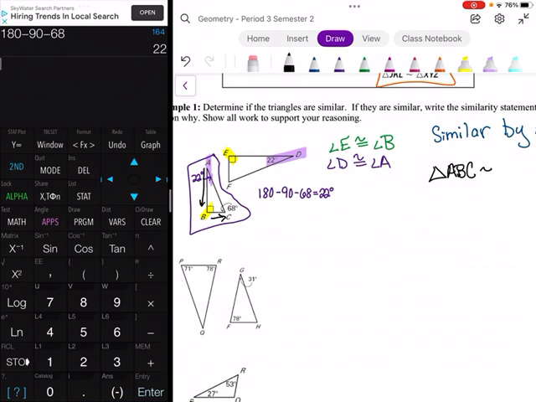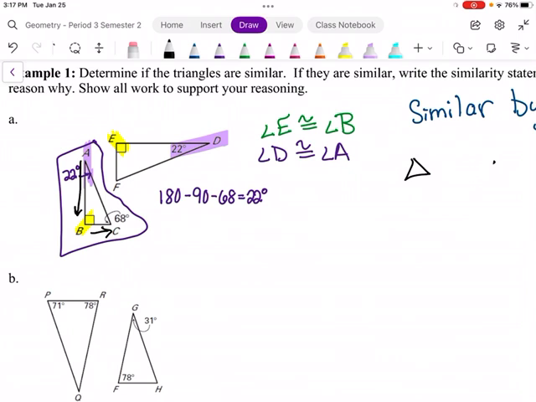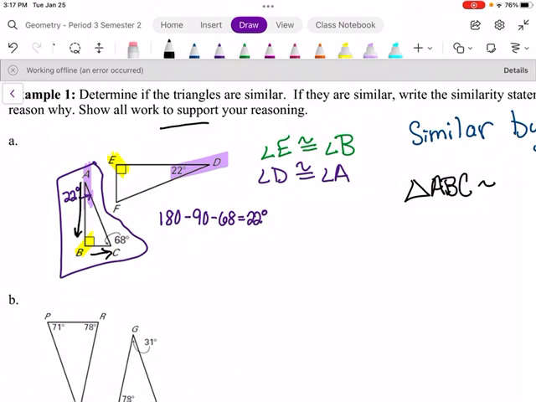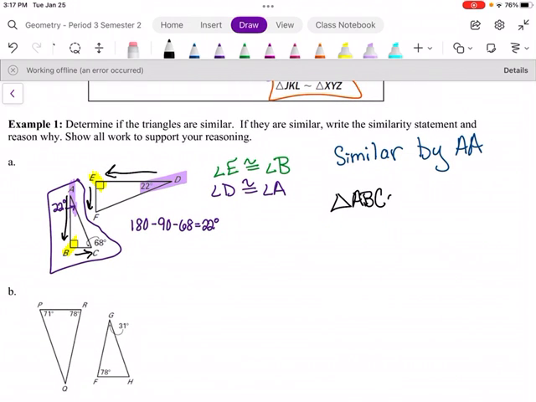So for this one, that is going to be from our purple to yellow angle. Oh, sorry, my screen moved. So purple to yellow, and then yellow to the non-highlighted one. So this is going to be similar to a triangle DEF. And that would be our similarity statement.